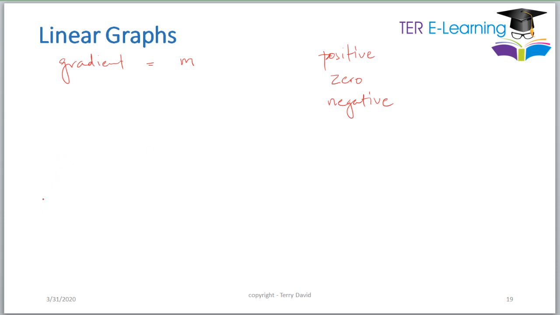Now, any line that is sloping this way has a positive gradient, right? If the line is looking more like this, then it has a steeper positive gradient.